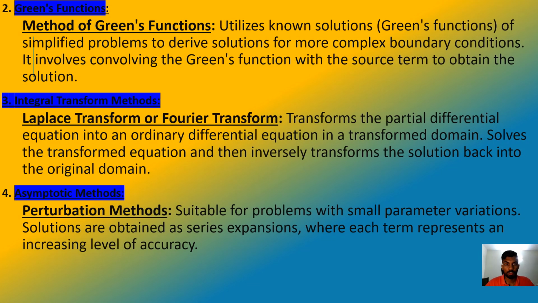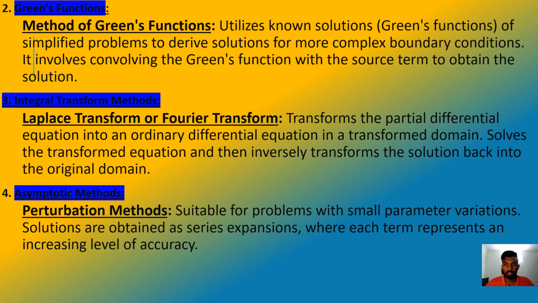Another solution method is Green's functions. It utilizes known solutions, that is Green's functions of simplified problems, to derive solutions for more complex boundary conditions. It involves convolving the Green's function with the source term to obtain the solution. The next solution method is Laplace transform or Fourier transform.